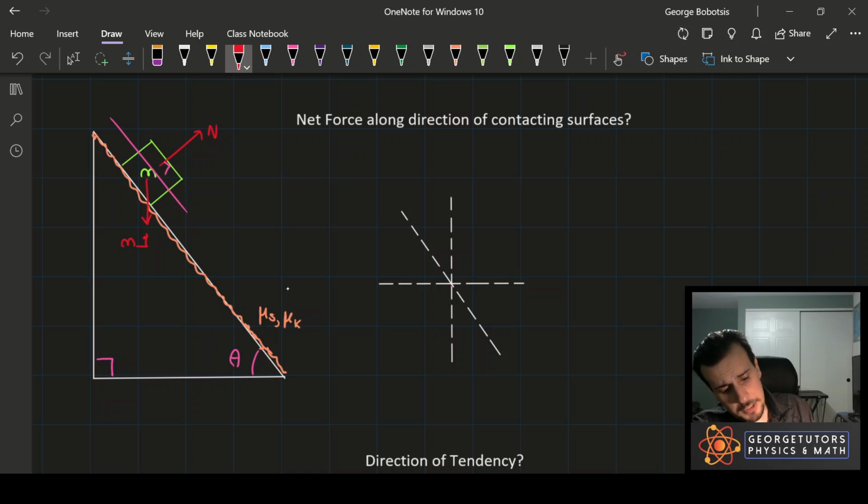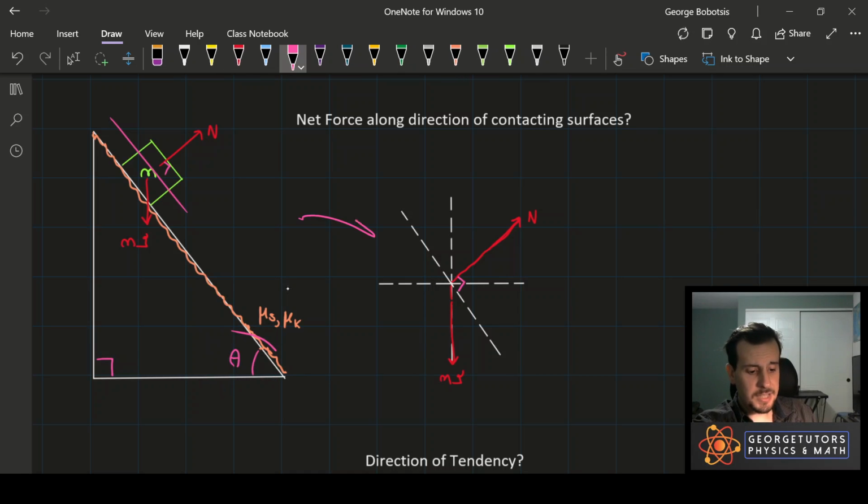So gravity would be going down. That would be mg. We've got the normal that would be perpendicular to that incline that we have set up over here, this dashed incline. And our incline angle can be translated into this diagram. Using the fact that these angles are opposite, I can indicate that this angle over there is also going to be theta.